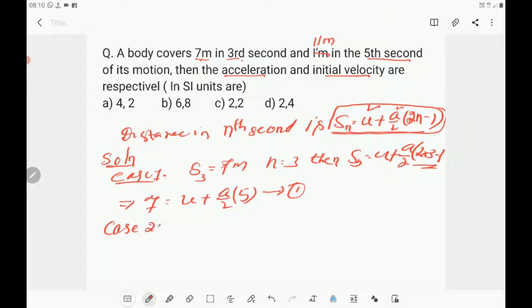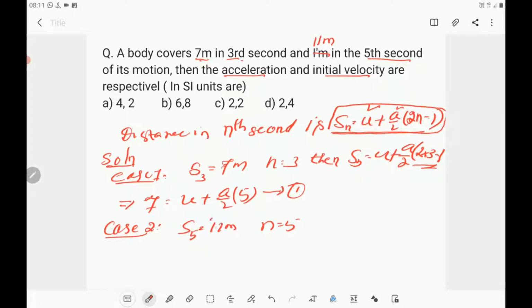What he says in case 2? Again, distance in nth second. N here is 5, the fifth second. Moving full 5 seconds is a different distance. The fifth second means, among the 5 second intervals, the last second. So you take S5, he says 11 meters.